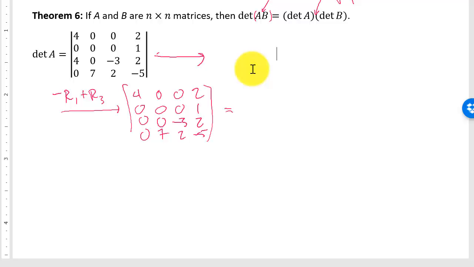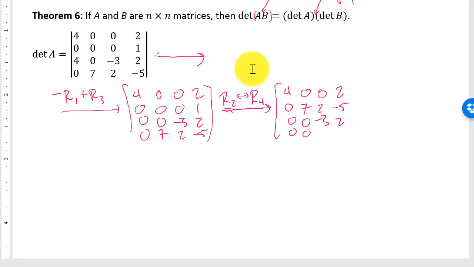Okay, now let's carry on here, continue, and let's switch the second row with the fourth row. So we have 4, 0, 0, 2, and then now we switch, we got 0, 7, 2, -5. We have 0, 0, minus 3, 2, and then we have 0, 0, 0, 1. And now let's do one more operation.